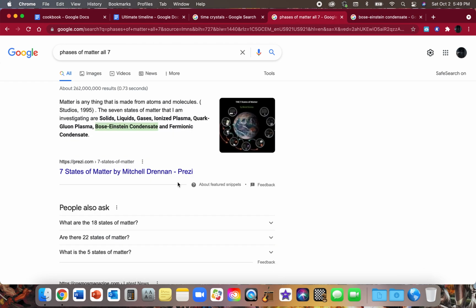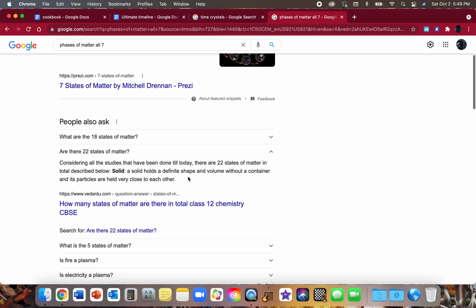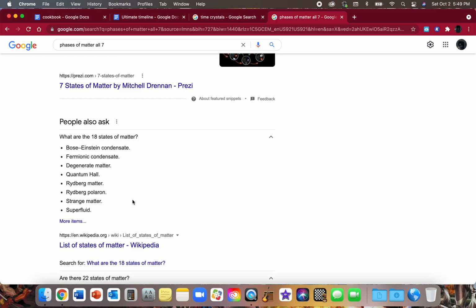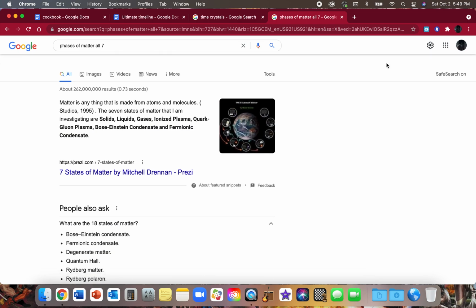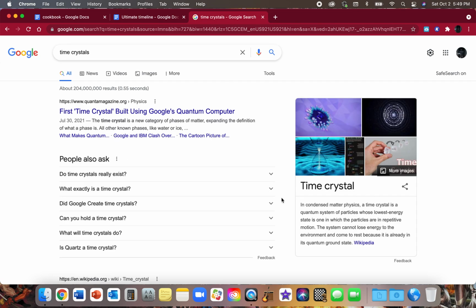Plasma is super hot, Bose condensate is very cold. I'm not even going to explain it. There are a ton of them, and it probably doesn't even matter. My point is, technically, a time crystal breaks physics.